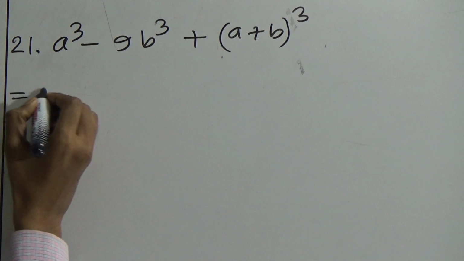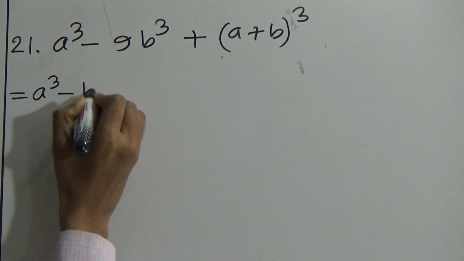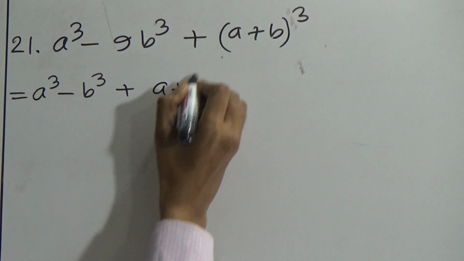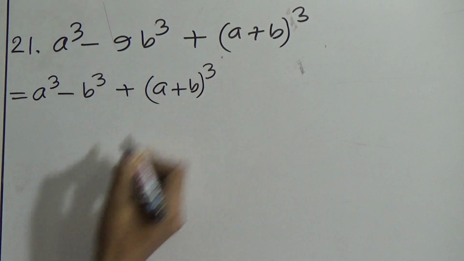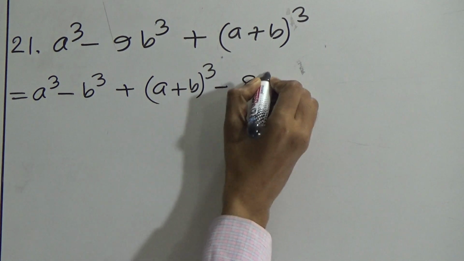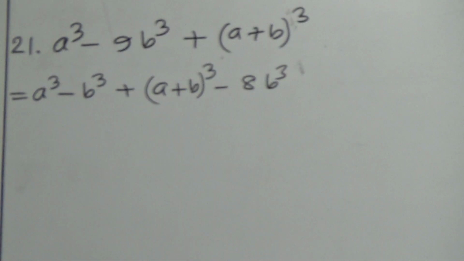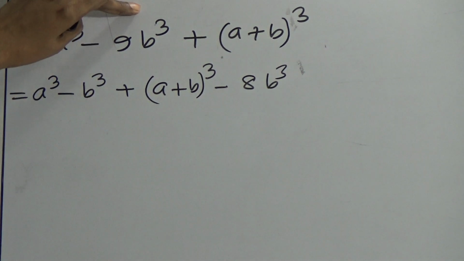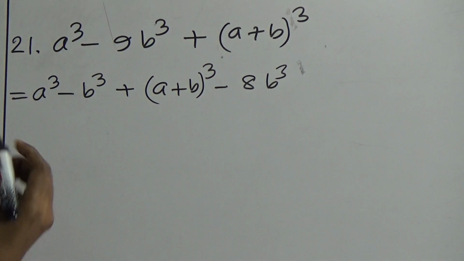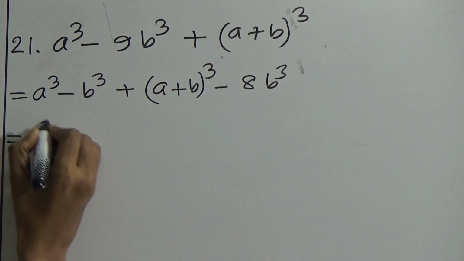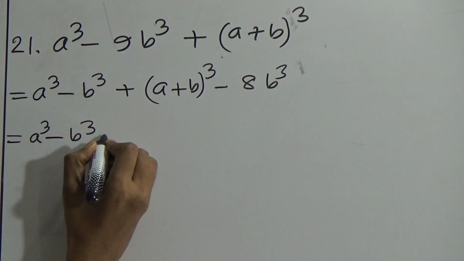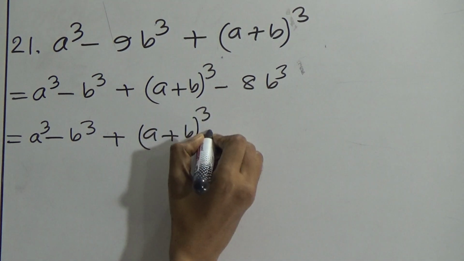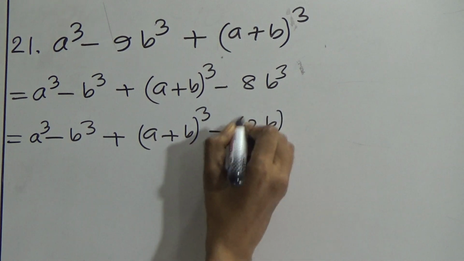You can write a cube minus b cube plus (a plus b) whole cube, then minus 8b cube. Minus 8b cube and minus 1b cube equal to minus 9b cube. Then a cube minus b cube plus (a plus b) whole cube minus 2b.